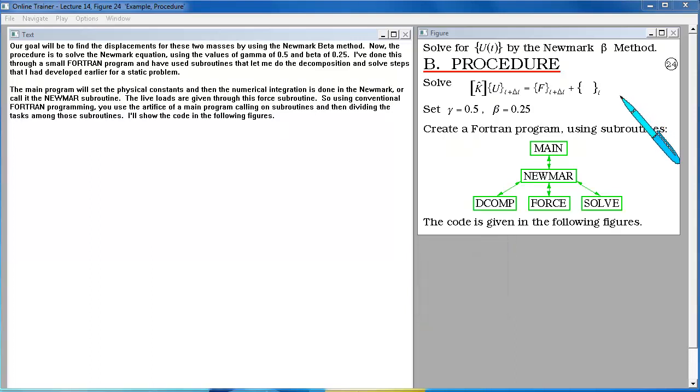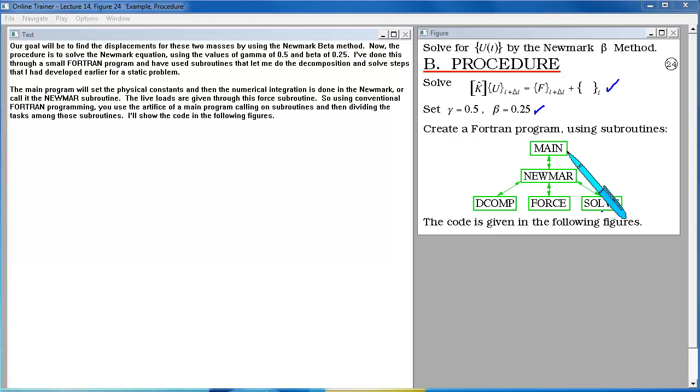Now the procedure is to solve the Newmark equation using the values gamma of 5/10 and beta of 0.25. I've done this through a small Fortran program and have used subroutines that let me do the decomposition and solve steps that I had developed earlier for a static problem.